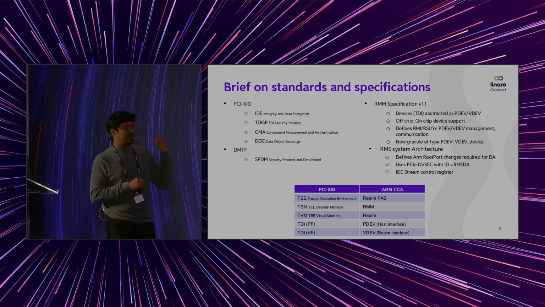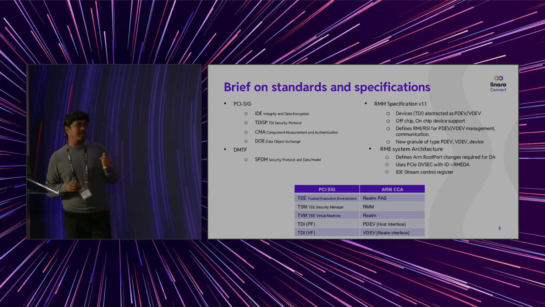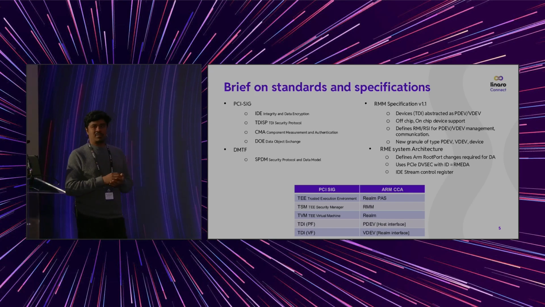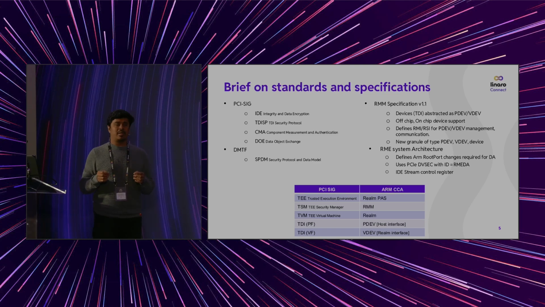And there are various other specifications as well: the CMA, the DOE, SPDM, and TDISP. I would like to talk about the TDISP, which is like an umbrella of specifications. It refers to different specifications, and how the entire stack needs to be built.